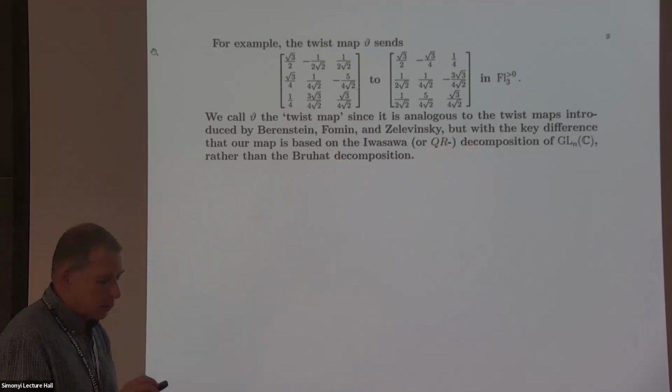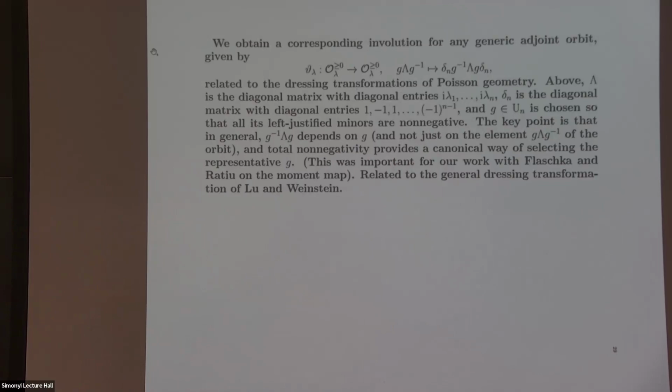They have another version related to the Bruhat decomposition. It's also important in Poisson geometry. You can obtain a corresponding evolution on an orbit, and this turns out to be the so-called dressing transformation in Poisson geometry. So it's related to the geometry of Poisson Lie groups. I'm not going to say anything about that here, but it does appear there.